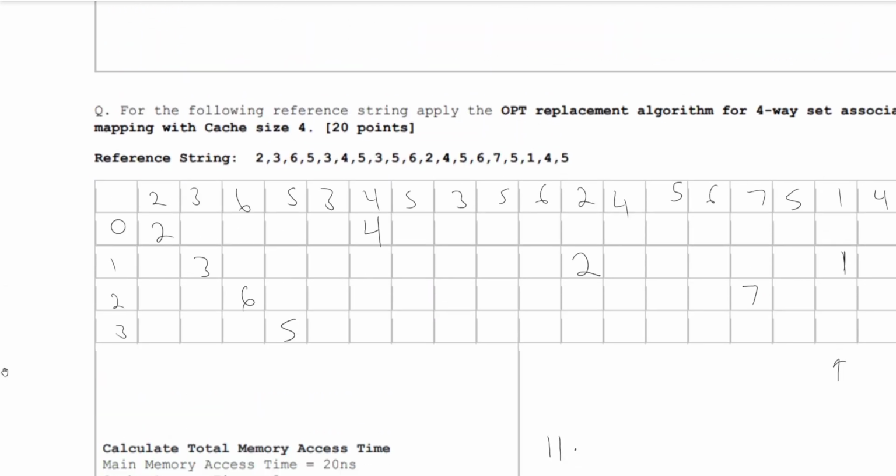Wait, main memory access time is 20 now. So, oh, cache access time. Okay. If it's a hit, then we take this one. So 11 times 3 for the hits, plus there were 8 misses, so that's times the time to access main memory, which is 20, plus the penalty, which is 1, right?